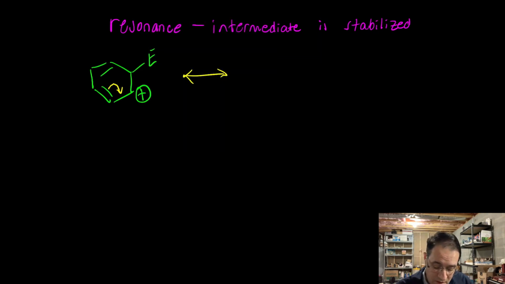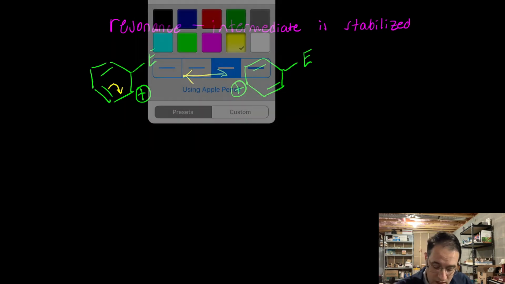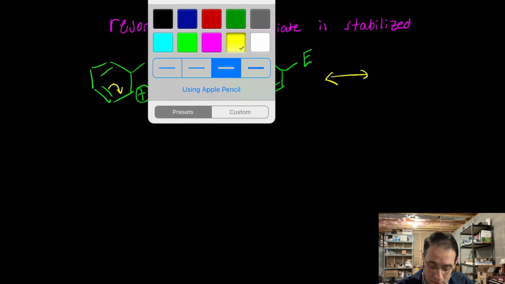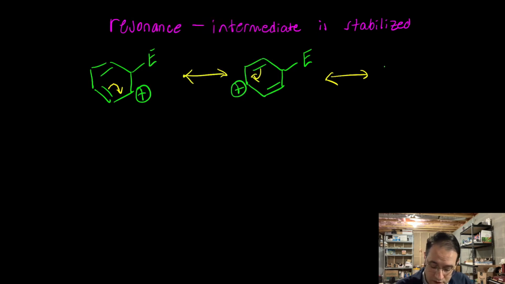Okay, and that's going to also form a secondary carbocation that looks like that, right? And it's also still allylic. And then we could also move these pi electrons over one to give another resonance structure that has the positive charge on the top carbon, okay?